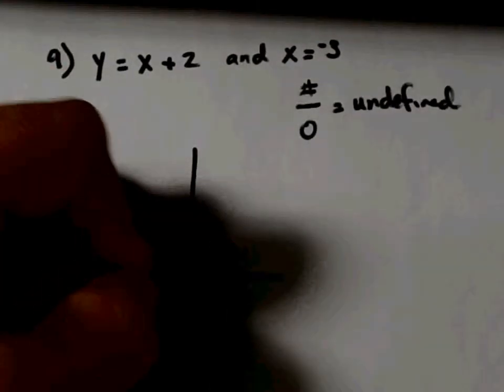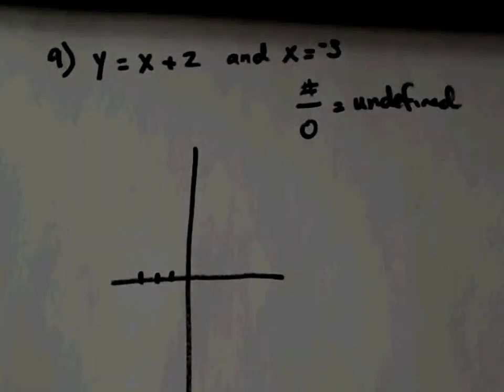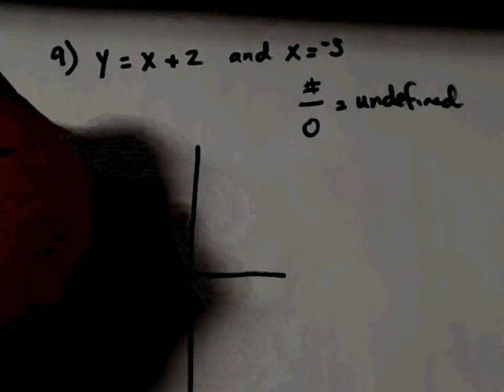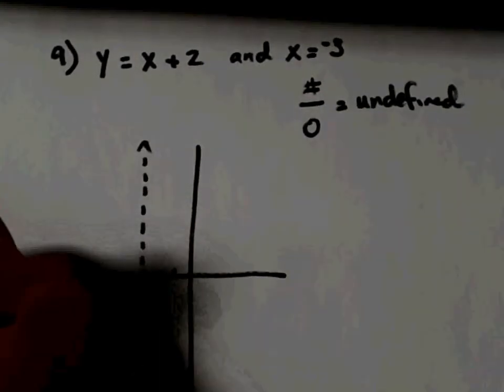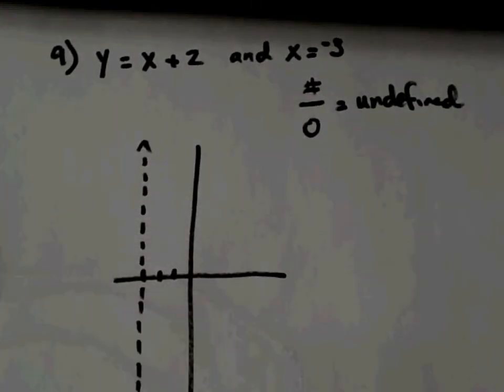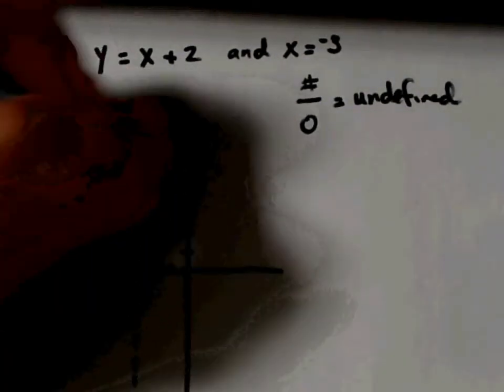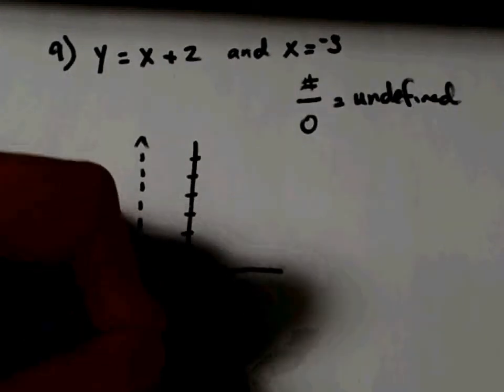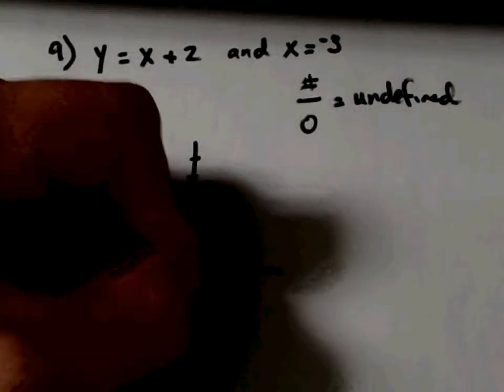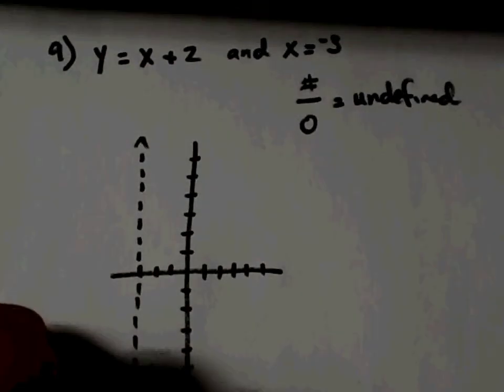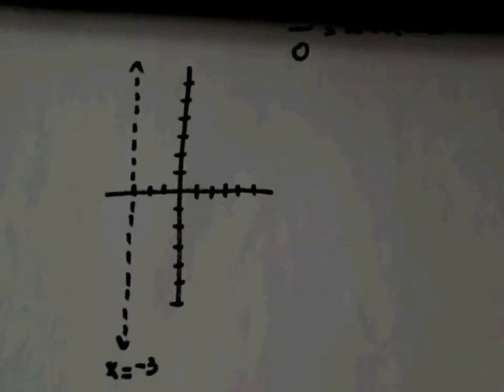All right, so I'm going to graph the x equals -3. It's going to be a vertical line through here. This is my x equals -3 graph right there.